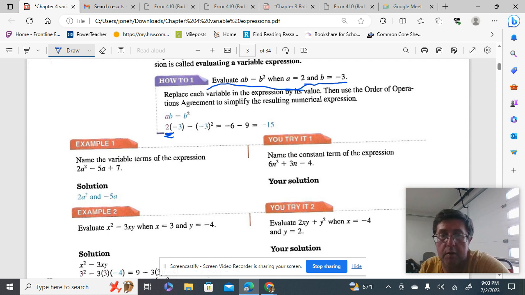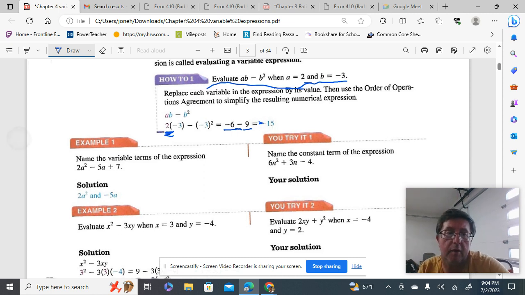Let's start with the first parentheses: 2 times -3, so we get -6. Then we're doing minus, and we take -3 to the second power. Remember, you can just hit -3 caret button 2, and your answer there will be 9. So your total answer will be -6 minus 9, which is -15.